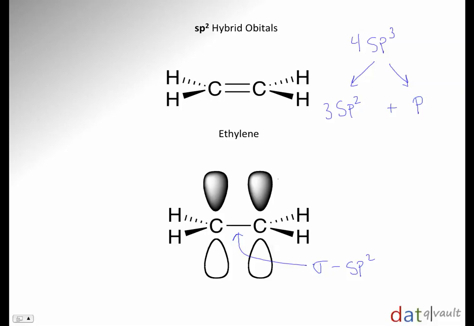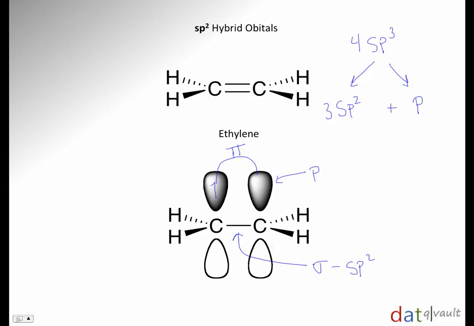And then the other bond is going to come from the p orbitals that we made from this sp3 hybridized orbital, and the interaction of these p orbitals between these two carbons is going to create what's called a pi bond.